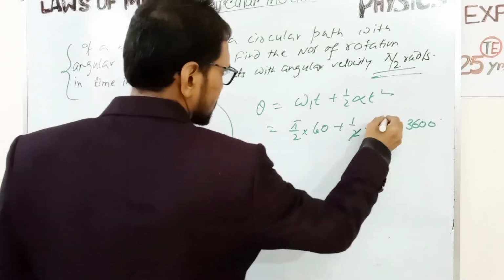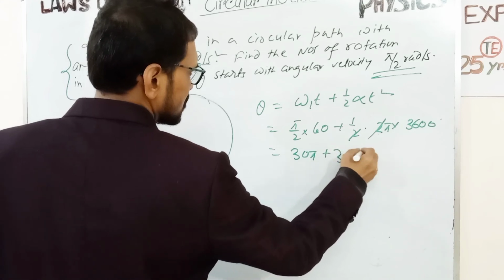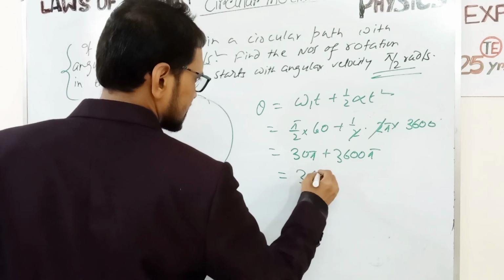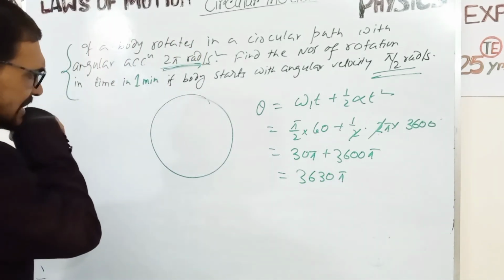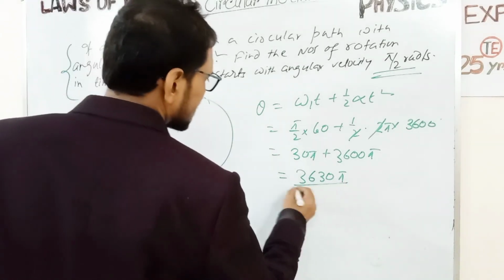Now 2 cancels, that is 30 pi plus 3600 pi, that is 3630 pi. So this is the total angular displacement.